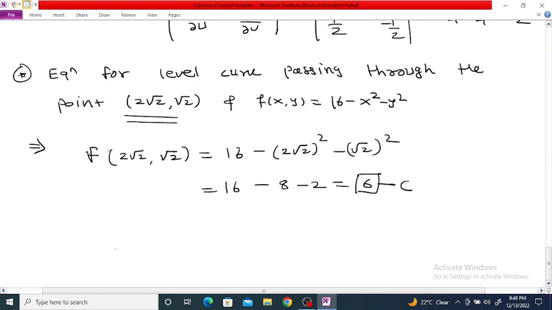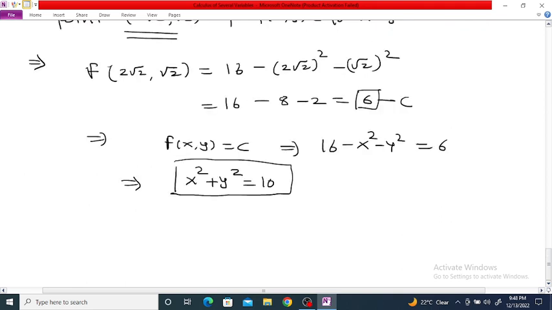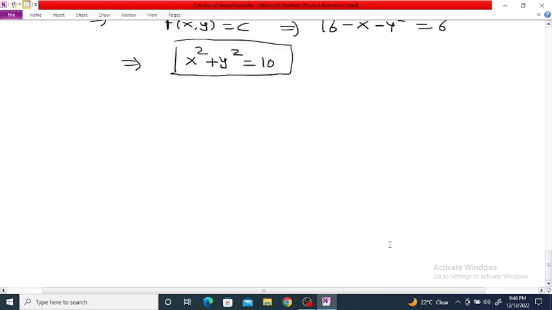This is the value of c, and we know that the equation of the level curve is f(x, y) equal to c. So this implies 16 minus x square minus y square is equal to 6. So we get x square plus y square is equal to 16 minus 6, which is 10. So this is the equation of the level curve that passes through the given point.